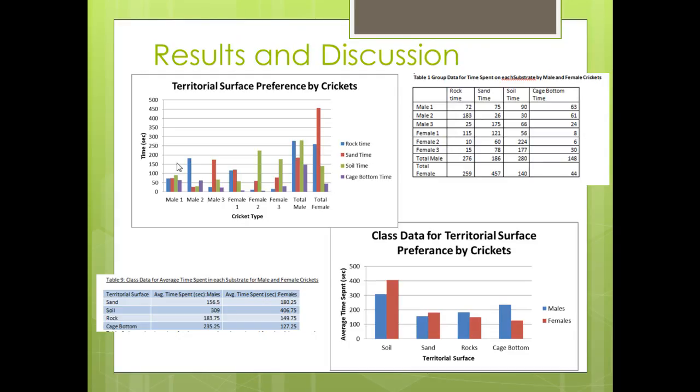Sorry, I meant to say that, clearly from the chart below with the class data, both the male and the female preferred the soil more than any of the other territory surfaces. From only the group data, it's very hard to see from the individual males and females whether there was any correlation between what they preferred. And the tables for this data are shown beside the graphs.